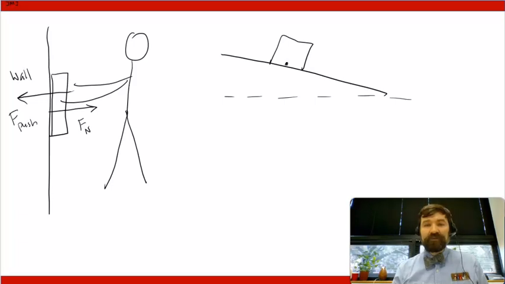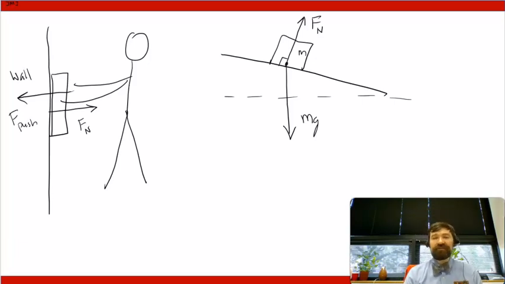Well, you end up with gravity still being straight down towards the Earth. So mg is still down like this. Your normal force, however, has to remain perpendicular to the surface. So this is now my normal force, and it's perpendicular to the surface that it's on. Notice that that means that gravity and the normal force cannot add to zero.